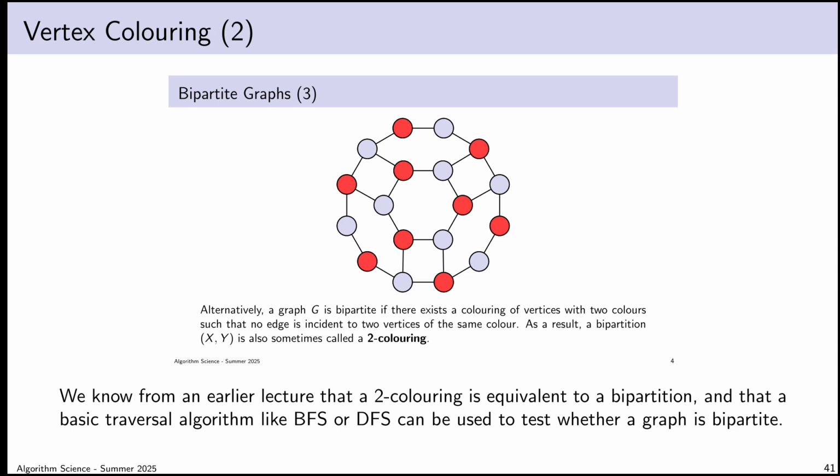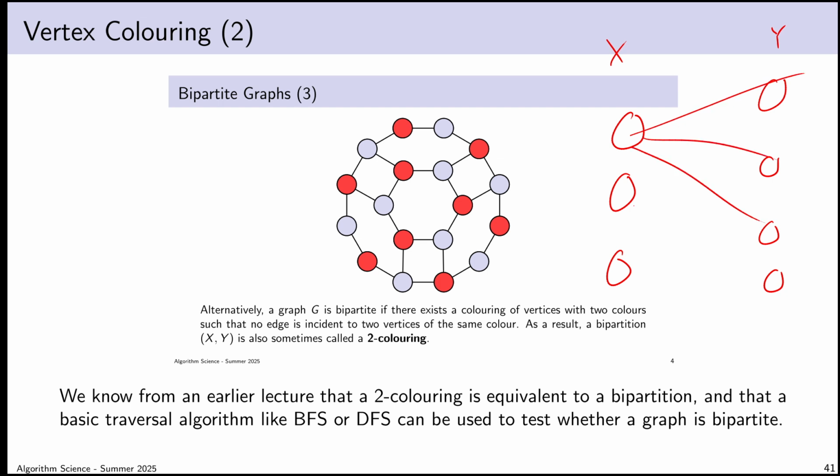Usually when we talk about bipartite graphs, for example two lectures ago, we draw them in that traditional representation where the two sides of the bipartition are drawn on the left and right, and all of the edges go between them. But we can also think of a bipartite graph as a graph that is two-colorable, or a graph for which there exists a two-coloring. And fortunately, after this long list of apparently difficult problems, we finally happened upon a problem that can be solved relatively efficiently.